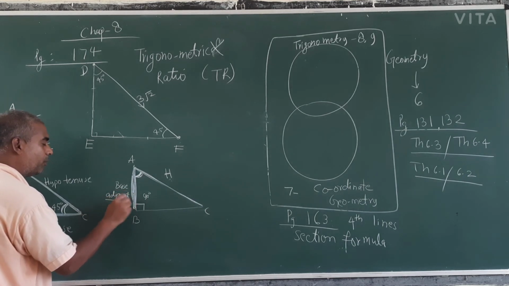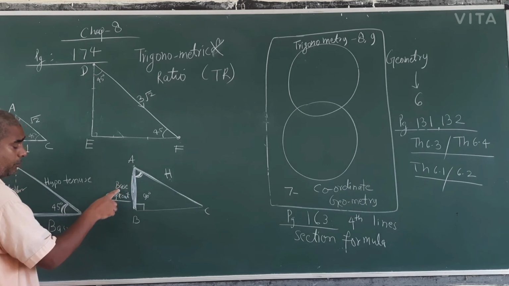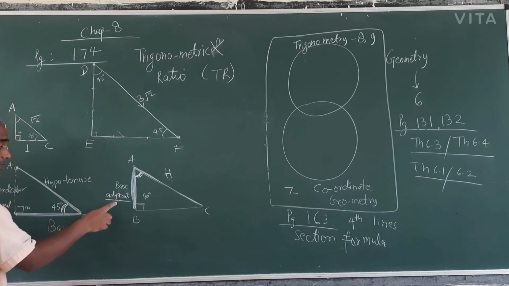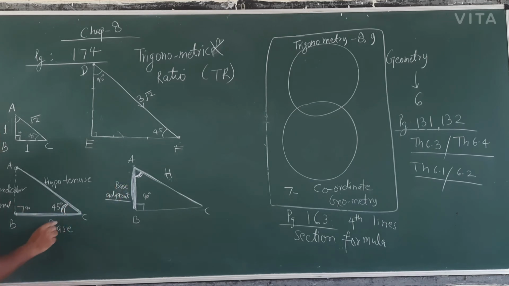Adjacent means joint with the angle. Whatever we have written as base, in your book it is written adjacent to the angle. And what is perpendicular? I have written normal, it is written opposite to the angle. This is opposite to the angle.